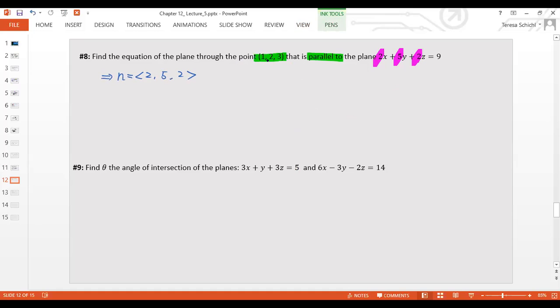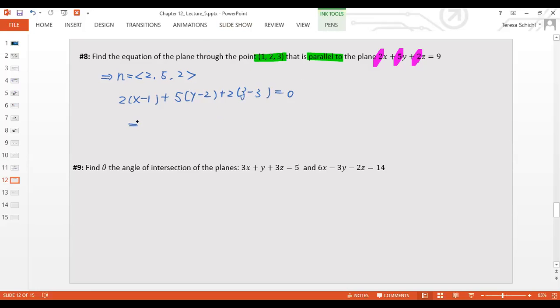Then it goes through this point. So then we do the same thing. This one is pretty simple, right? So it's 2 times x minus 1 plus 5 times y minus 2 plus 2 times z minus 3 equal to 0, right?